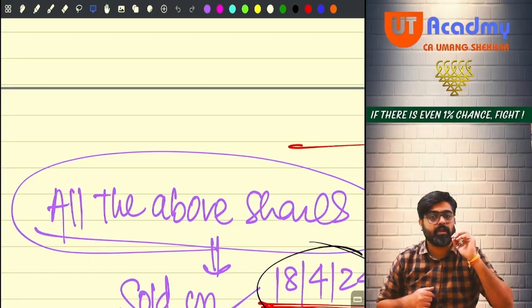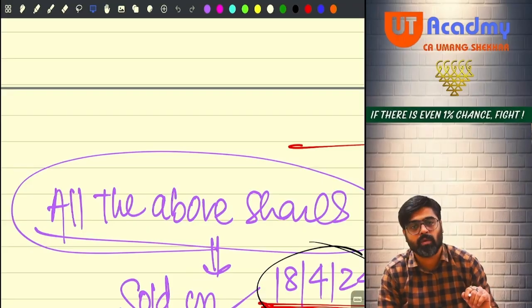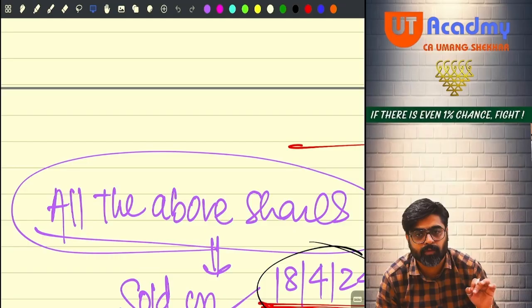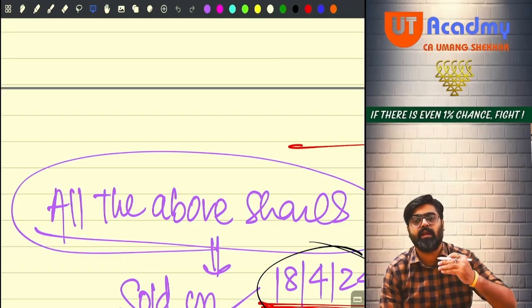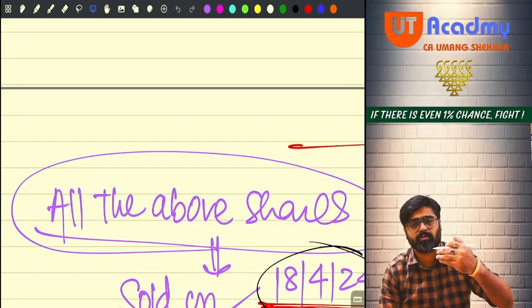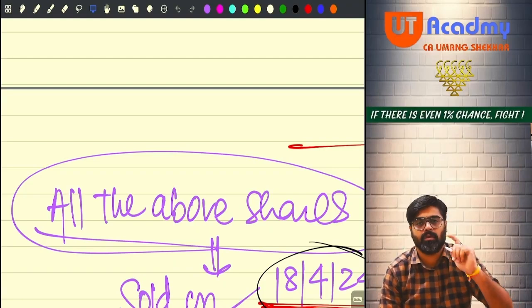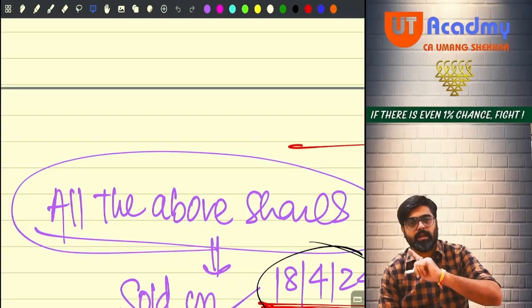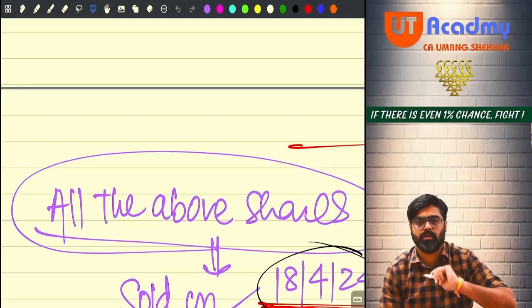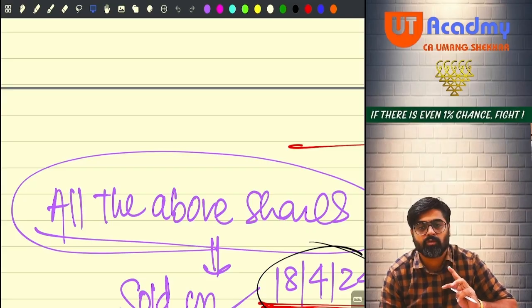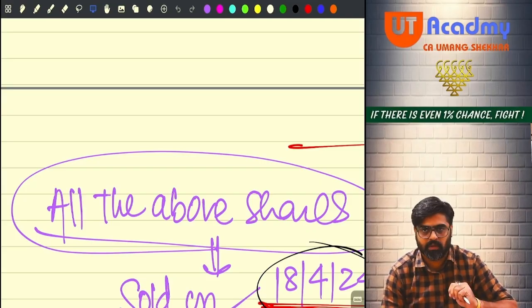What if you are selling only some part of the total shares? That time you will have to follow FIFO basis, meaning that if you are selling 22,000 shares, then the first 10,000 shares are sold, the second 10,000 shares are sold, and the extra 2,000 shares are sold from the last lot.